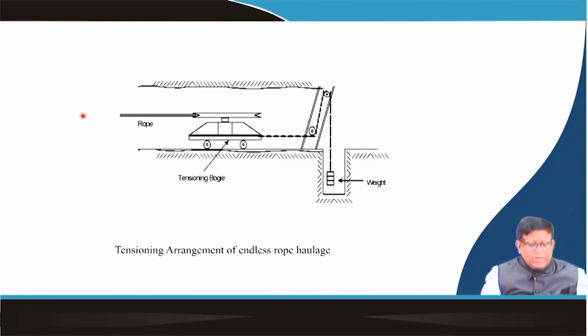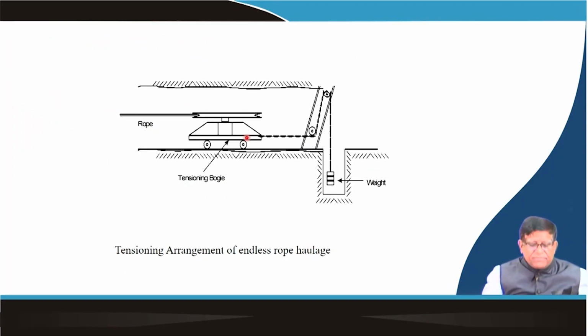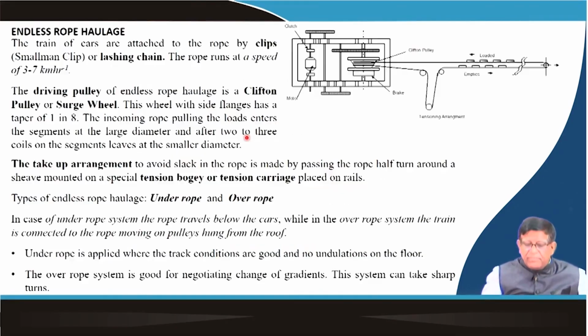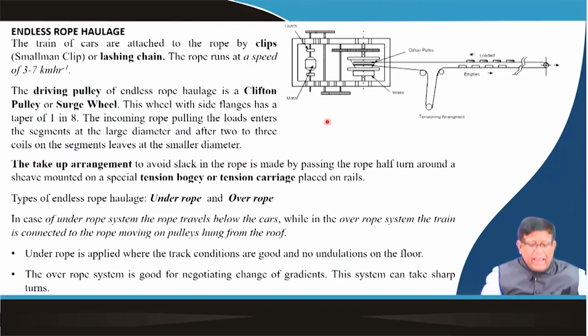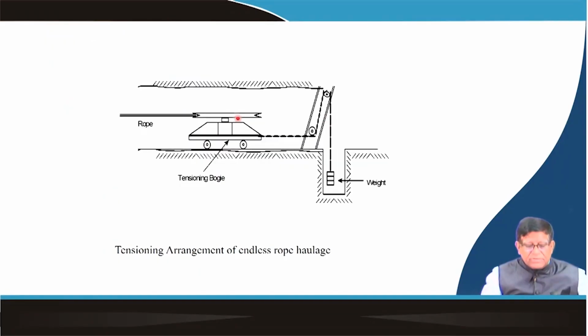The tension bogie, this is the sheave which is there at the end, this is your sectional view. If you see the plan view and section view here, you can see this is the horizontal sheave. This is placed on a bogie, called the tension bogie.